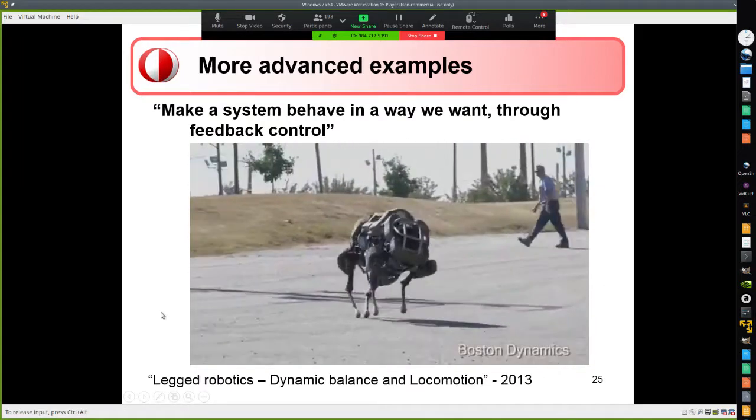So legged motion, legged robots obviously are, I would say, a very complex application area for control algorithms.